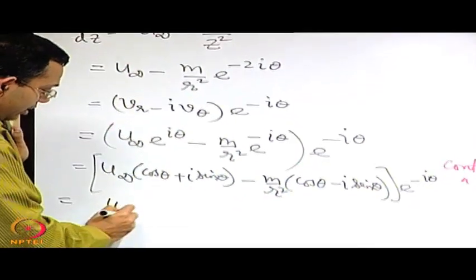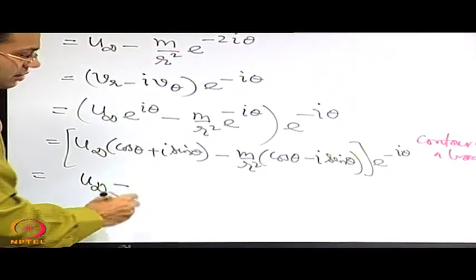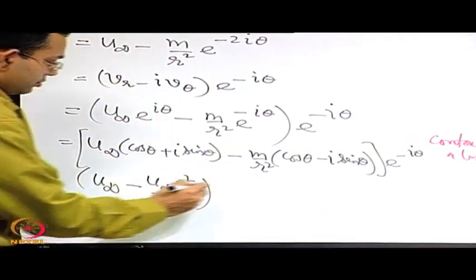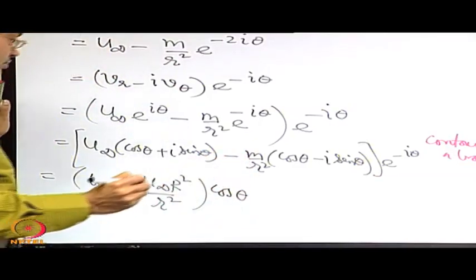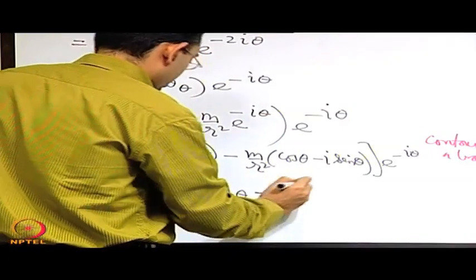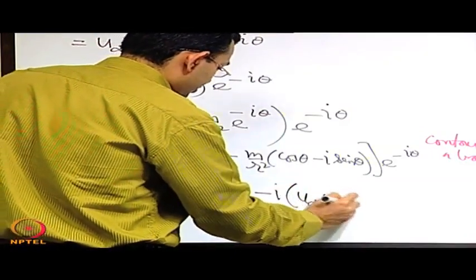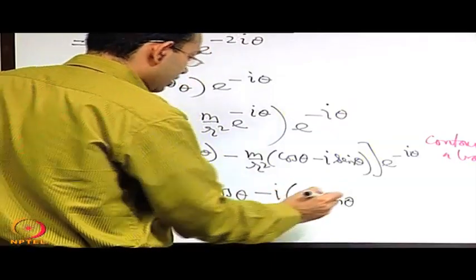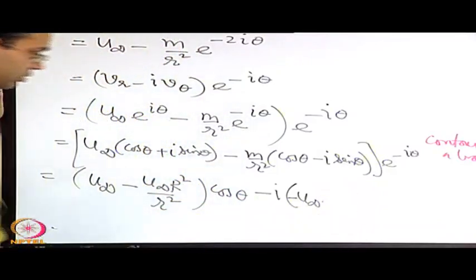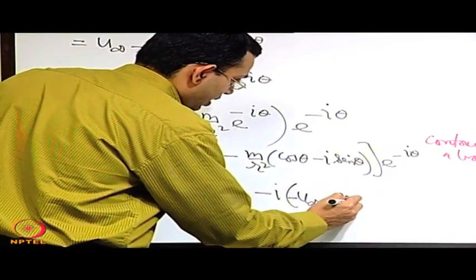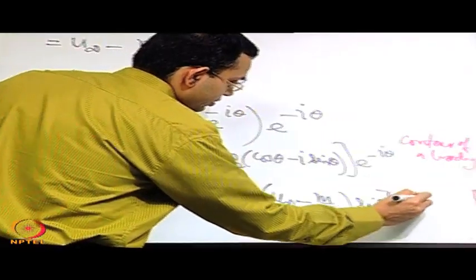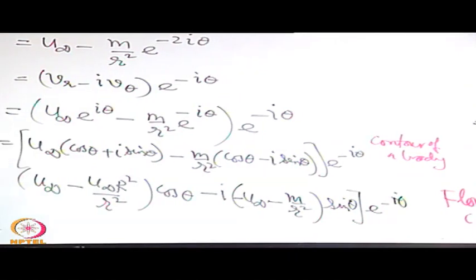So u infinity minus m is u infinity capital R square by small r square cos theta, minus I u infinity sin theta minus m by r square sin theta, where m is u infinity into capital R square.